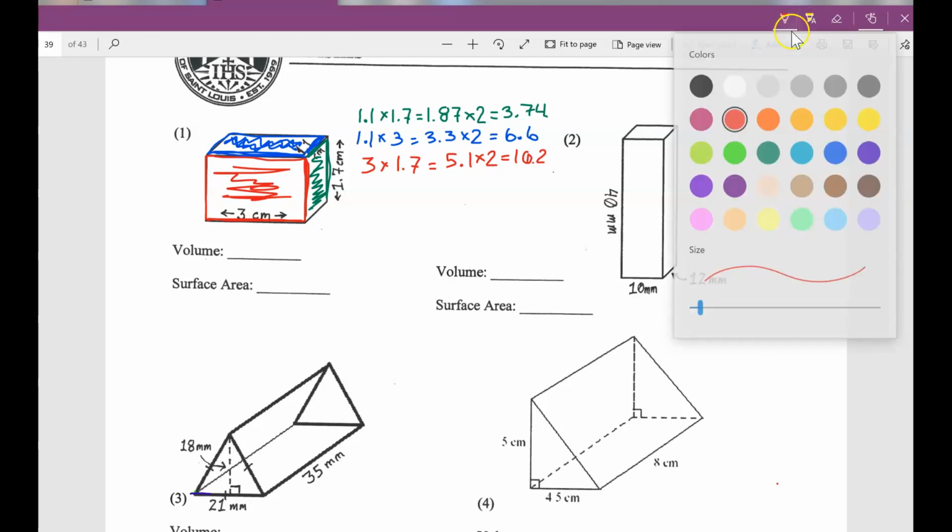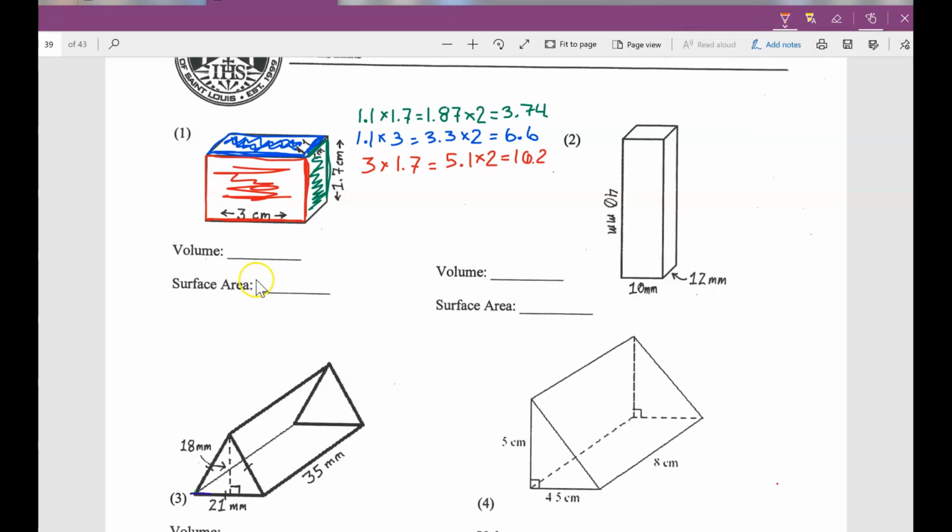That's going to give us a total surface area of 20.54. And since these are all in centimeters, we put centimeters. And anything with the word area is going to be squared. Volume is to the 3rd power. Surface area is always squared.